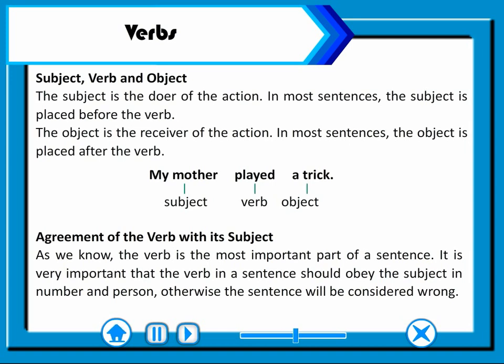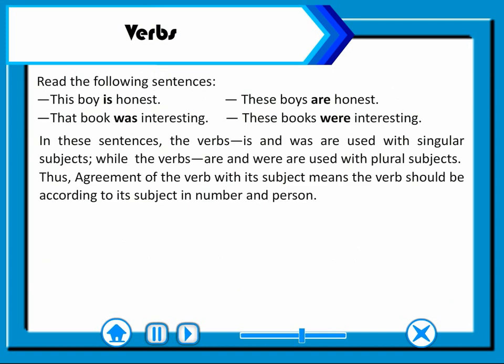Agreement of the verb with its subject. As we know, the verb is the most important part of a sentence. It is very important that the verb in a sentence should obey the subject in number and person. Otherwise, the sentence will be considered wrong. Read the following sentences. This boy is honest. These boys are honest.